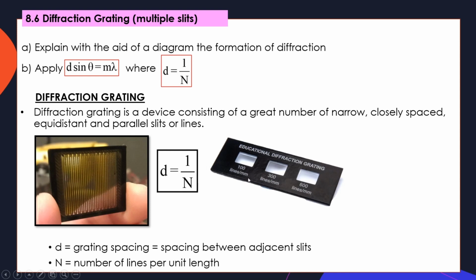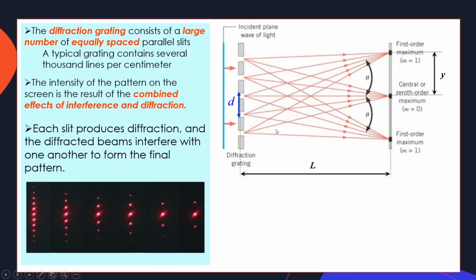Okay, so the unit is in millimeter, make sure you beware of the unit and make sure your calculation is in SI unit. So this is the diagram that explains the constructive and destructive interference in diffraction gratings.